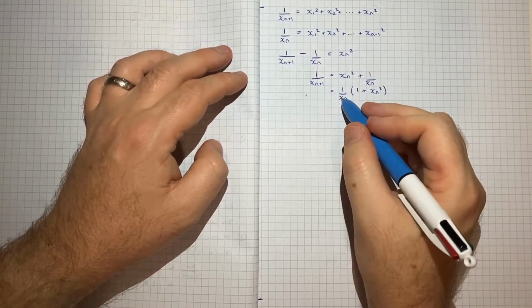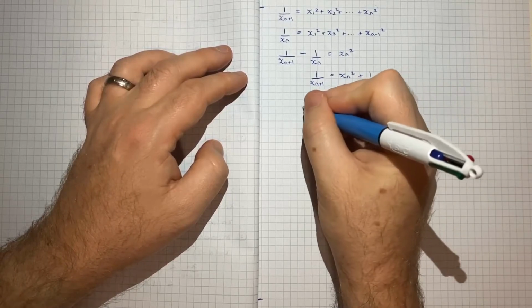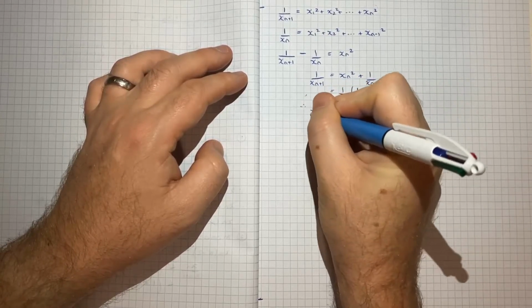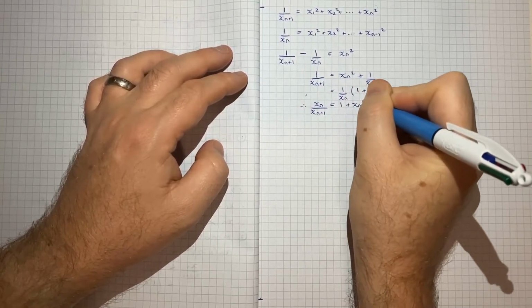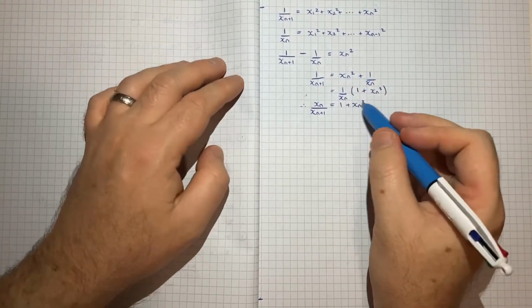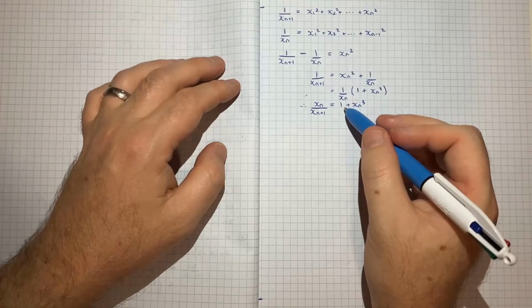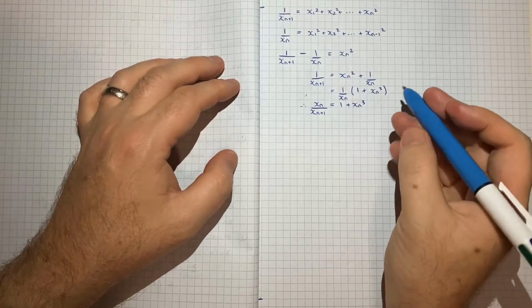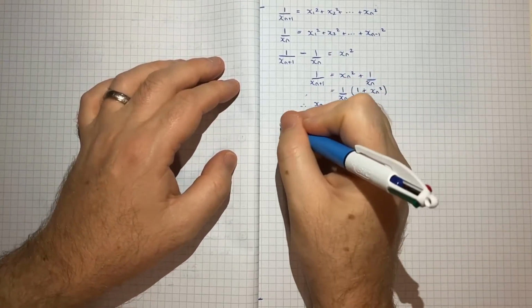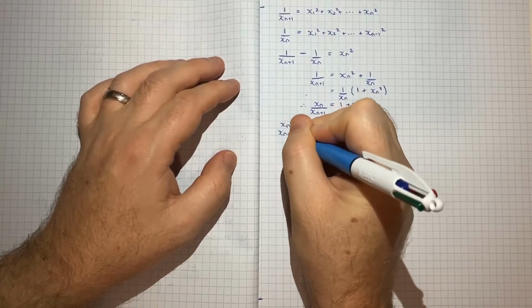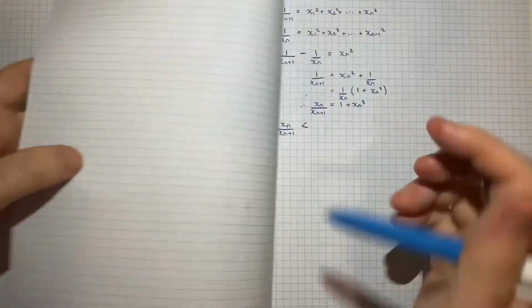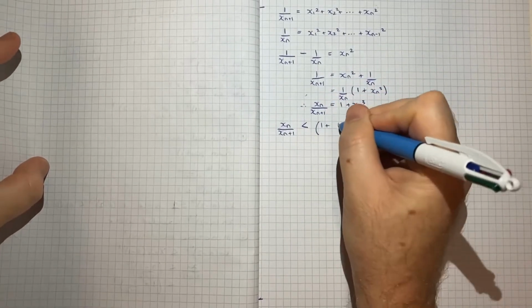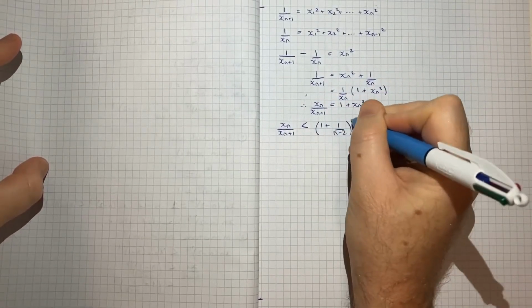And so now if I bring the x_n up, we get x_n on x_(n+1) is equal to 1 plus x_n cubed. And that's going to come in handy because what we can now say is x_n on x_(n+1) will be less than what we're trying to show, 1 plus 1 on n minus 2 cubed.